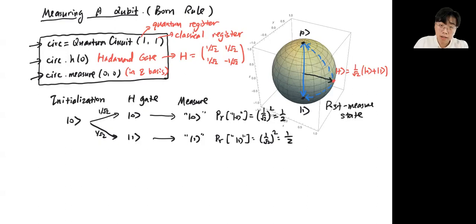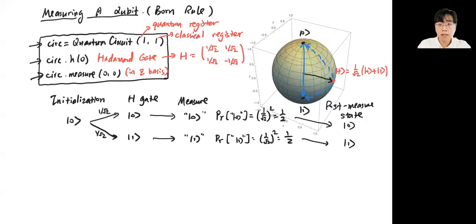And in this case, it's half probability 0 and half probability 1. So if you perform the same measurement on Z basis again, in the first case, it will always give you 0 every time, and in the bottom case, it will always be 1.